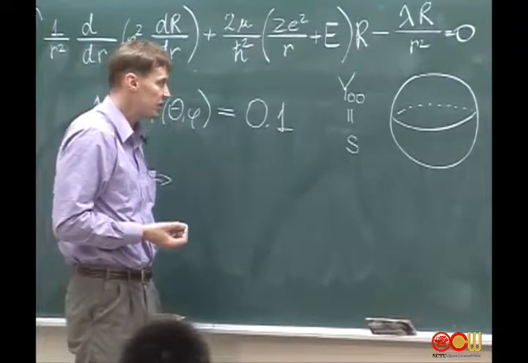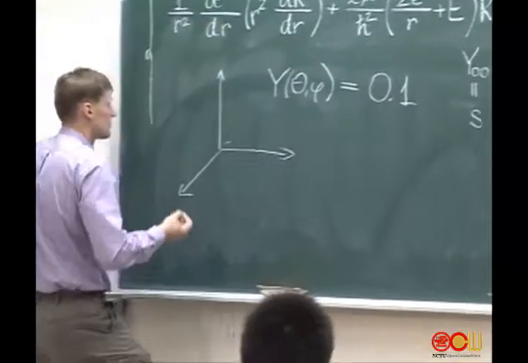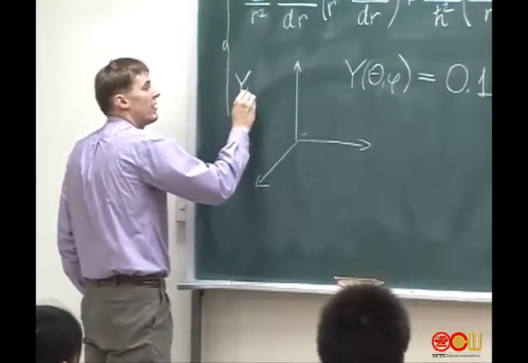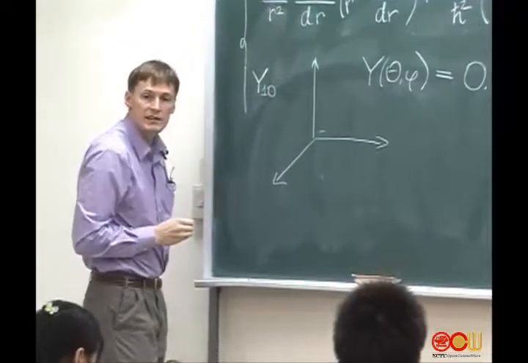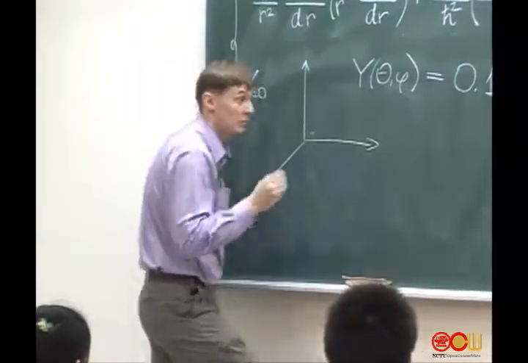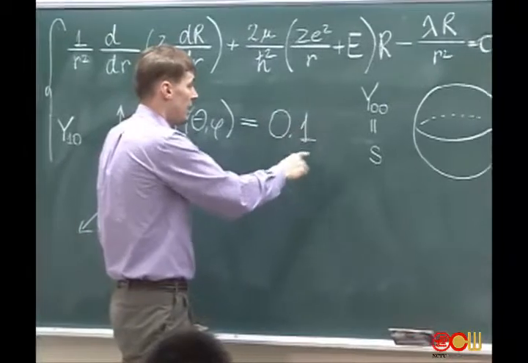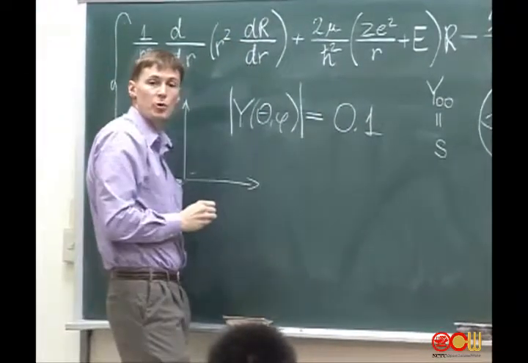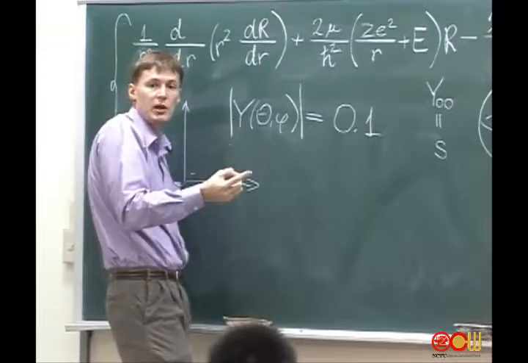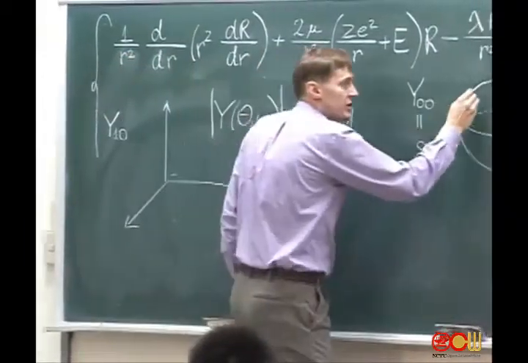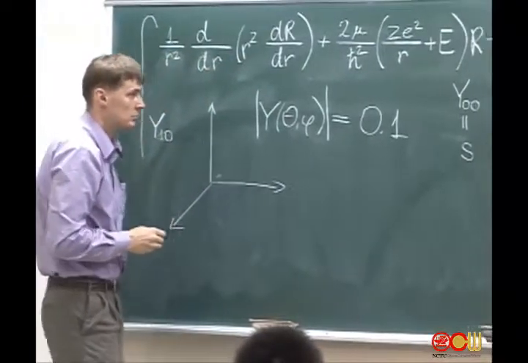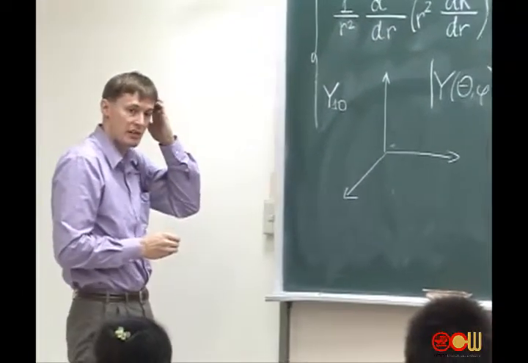Then we have the function Y 1, 0. One more important thing: we are plotting the functions where the modulus is equal to 0.1, so the sign can be plus or minus. Turns out that this function is everywhere positive, never negative.